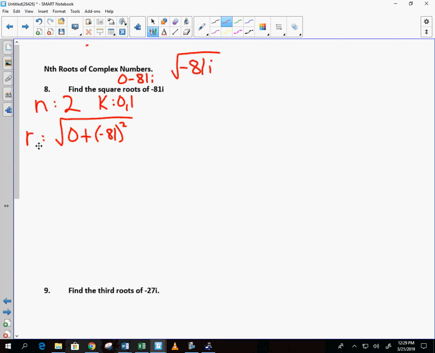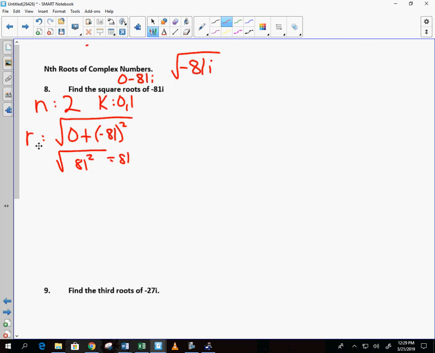Close? 81? Because this will just, what? So stare at it for a while. Do you see it now? Okay. So we're going to end up with the 0 goes away, and when you square something, it becomes positive, right? So you're going to get 81 squared. When you square root it, you're just going to get the 81.